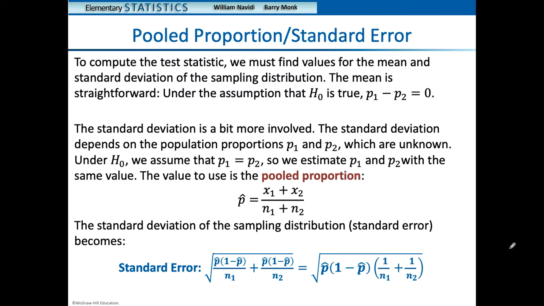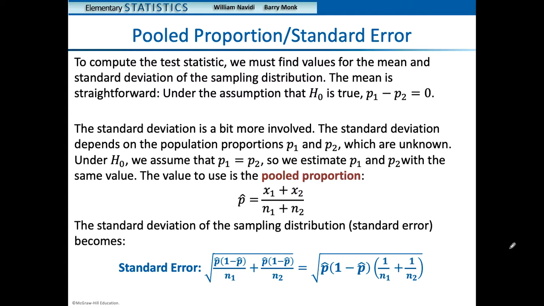So what we will have to do is replace P1 and P2 in the standard deviation with our best estimate of what both P1 and P2 are. Now remember, at this point we are assuming that the null hypothesis is true, which means we assume that P1 equals P2, right?